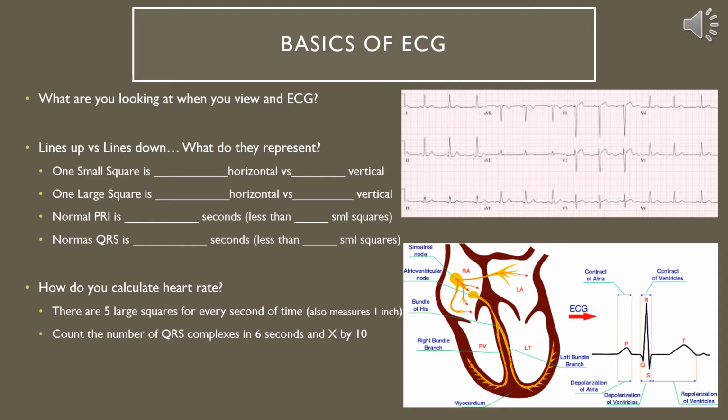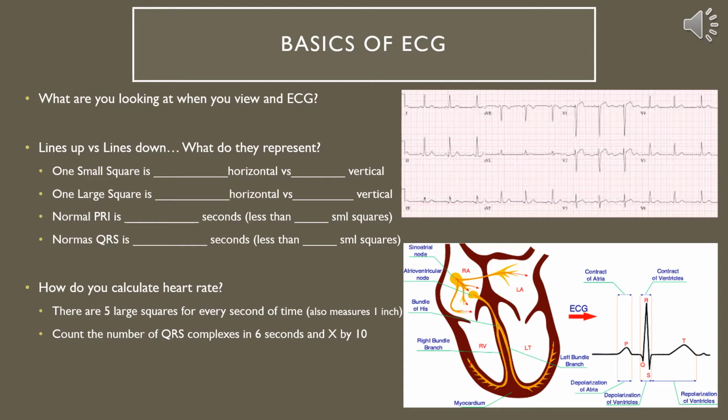Okay, this comes into more of a play scenario when we are evaluating changes that could be related to ST elevation or deflective waves. So these are important for the basics of understanding EKG.